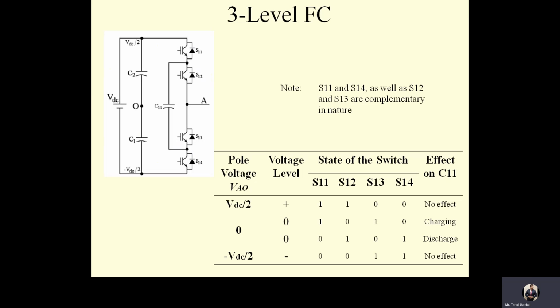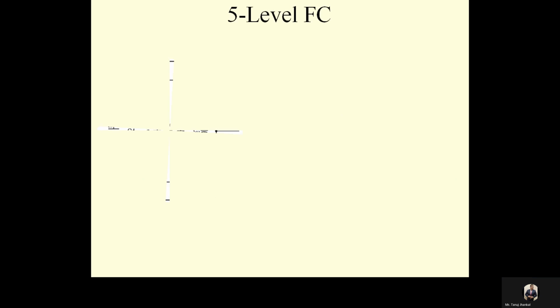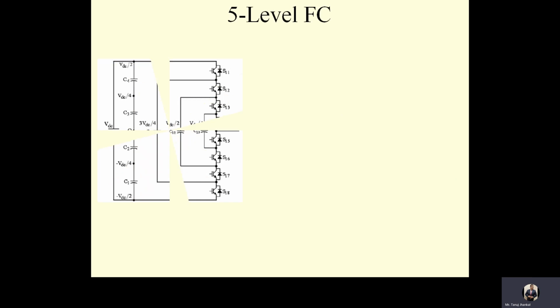The multiplicity, or the redundancy, with which the mid voltage levels are obtained increases for flying capacitor structures of higher levels. For example, for the 5-level flying capacitor structure as shown on your screen, the redundancy for the pole voltage levels of VDC by 2, VDC by 4, 0, minus VDC by 4 and minus VDC by 2 are 1, 3, 6, 3, 1 respectively.